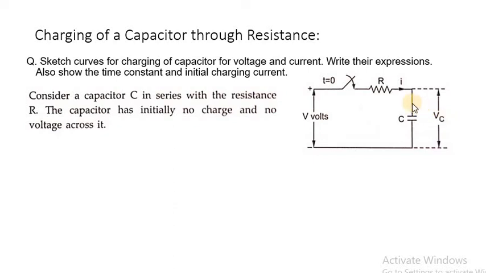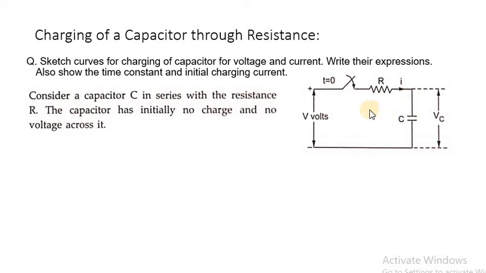As Vc is 0, current I through the capacitor is also 0. As I through the capacitor C is 0, the same current I is flowing through R. So at t equal to 0, current flow through R is also equal to 0. The voltage will start to increase gradually.